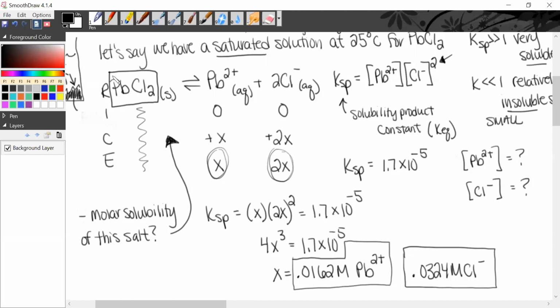Do you guys see how it has a 1-to-1 mole ratio with the lead 2+? For every 1 mole of this, you get 1 mole of lead 2+. So if I was reporting the molar solubility of this salt, I would say it was the same as the lead 2+, 0.0162 molar PbCl2. That is the molar solubility of the salt.